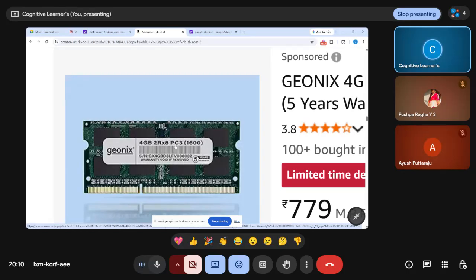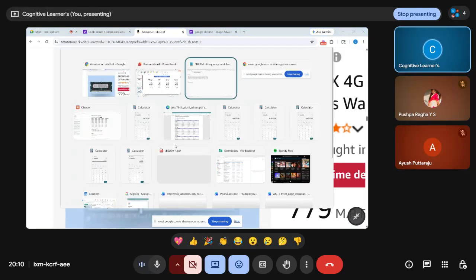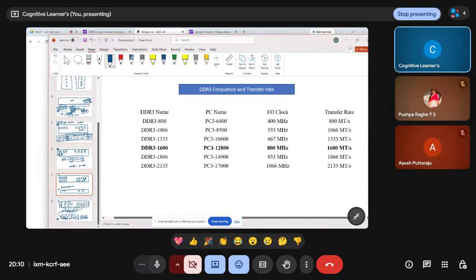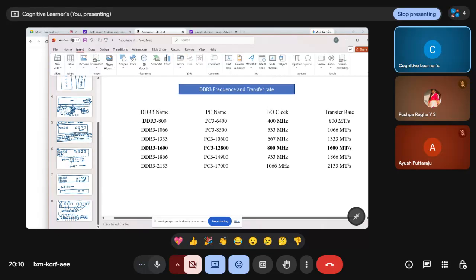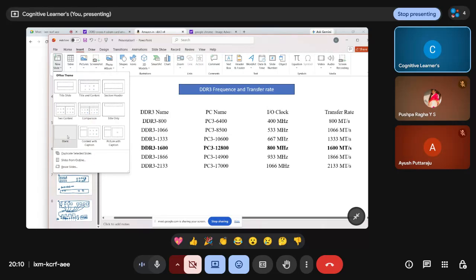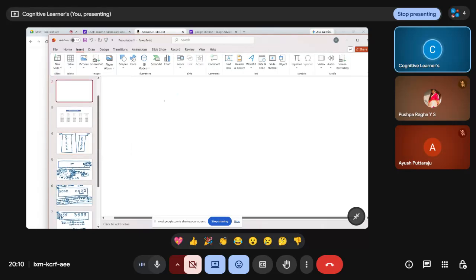That is a 4 GB cross 8 DDR3 card. Take this example: 4 GB DDR3 cross 8.